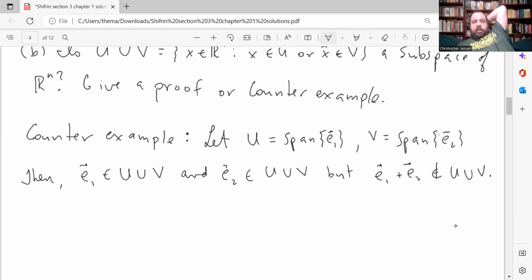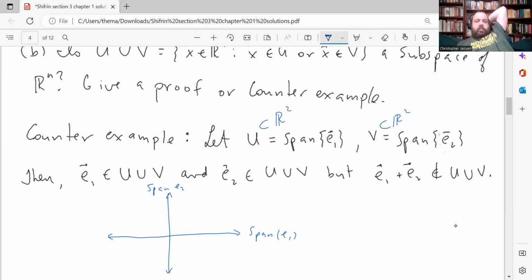Just to see geometrically why that is, I'll draw it in R2. Let's say that these are subspaces of R2. So the x-axis is span e1, the y-axis is span e2, and this is e1. Actually, let me do it in a different color so it shows up easier.